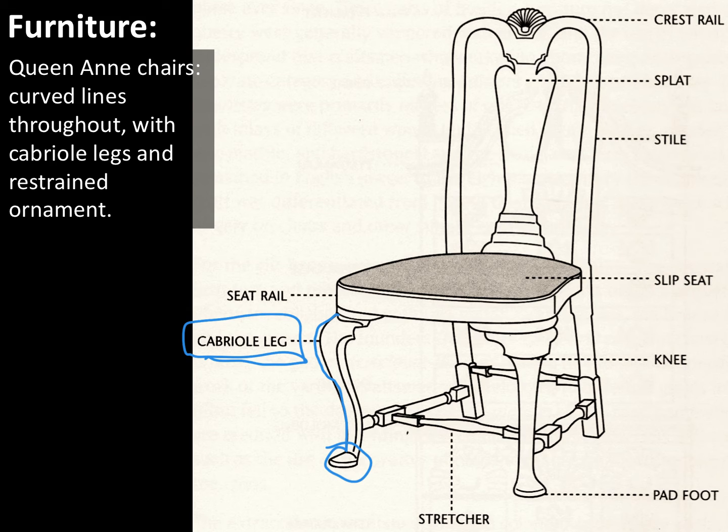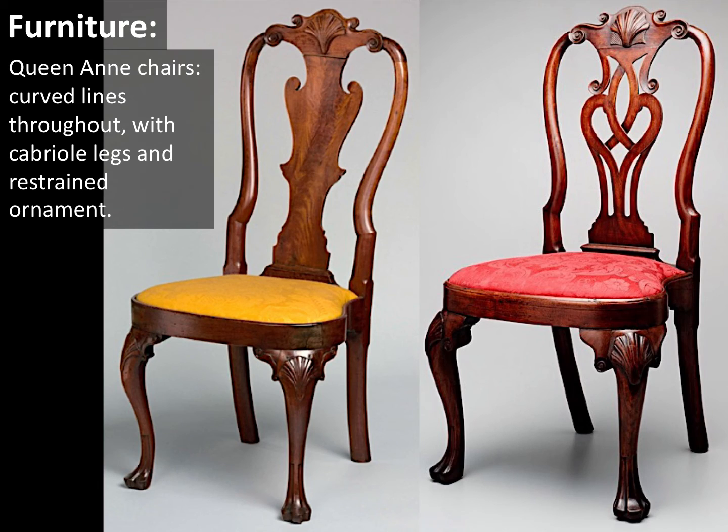I also am just pointing out that the Queen Anne style has this very distinctive curved crest rail, this kind of double curve along the top, often with a central ornament there. They always have a central splat that moves down into the top of the seat. And here we have two beautiful Queen Anne style chairs.